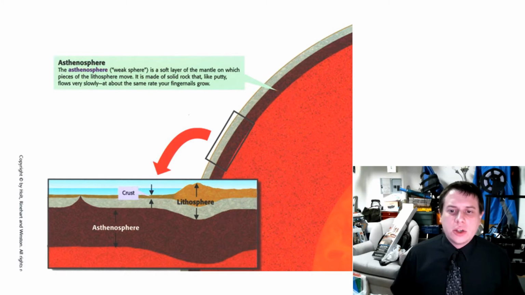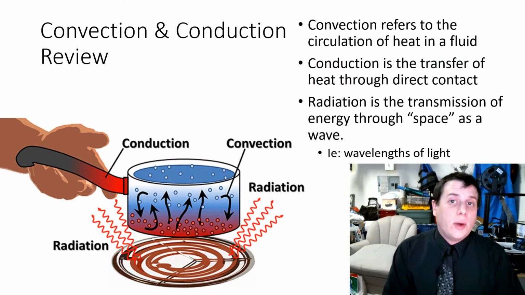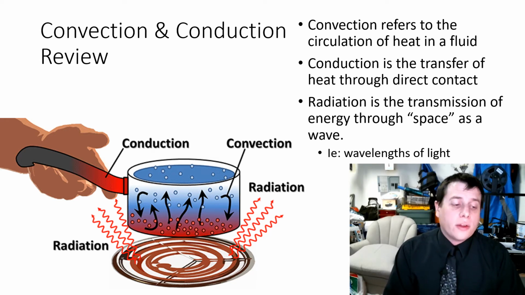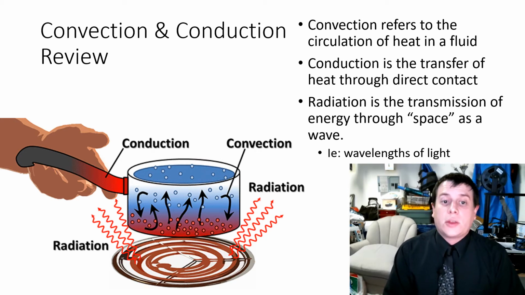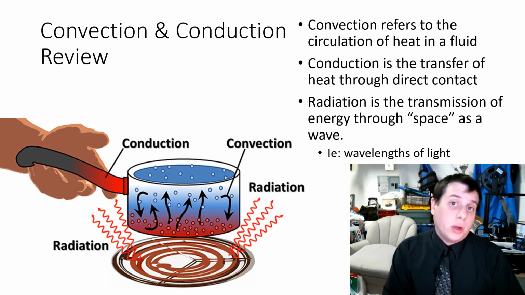All right, so let's take a look. So first off, we need to go ahead and make sure we define convection. So convection is the circulation of heat in a fluid. All right. Now, there are other ways that heat is transferred, and I want to clear those up here really quickly. So conduction is the transfer of heat through direct contact. So convection would be the water inside a pot of boiling water.